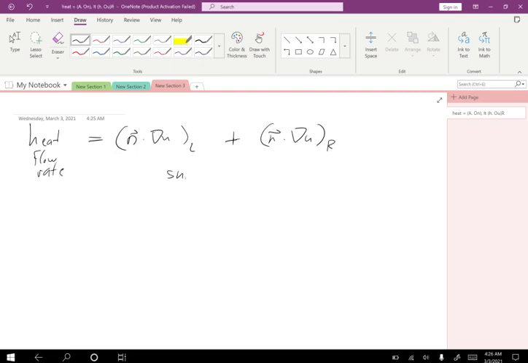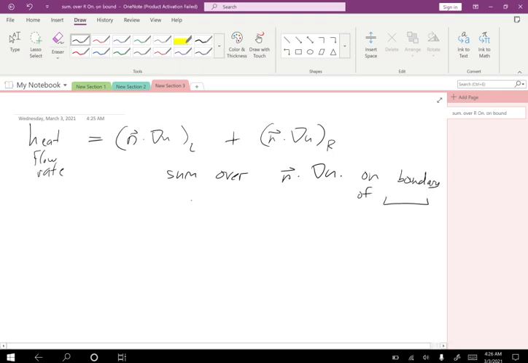So it's a sum over n dot gradient U, and it's a sum over the boundary of our interval, namely the left point and the right point.